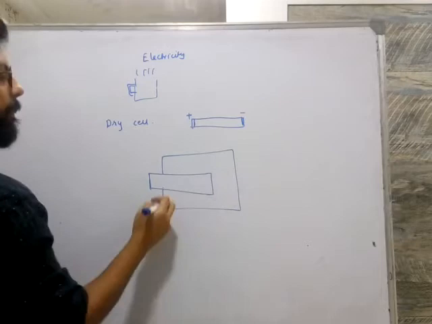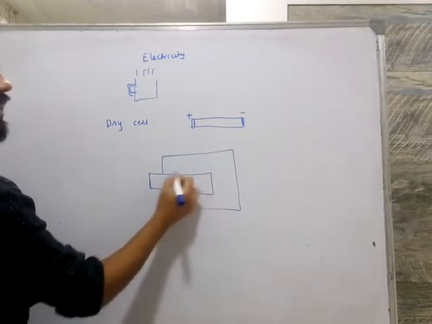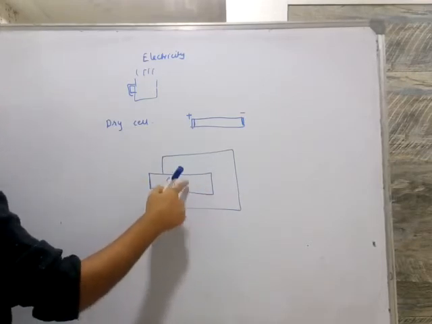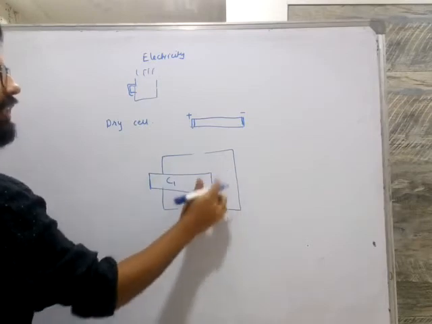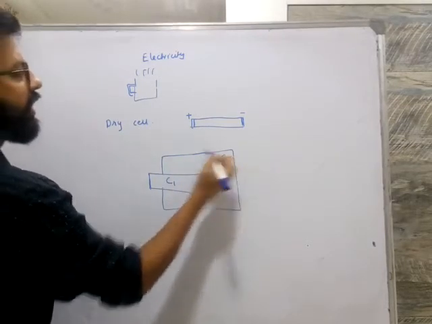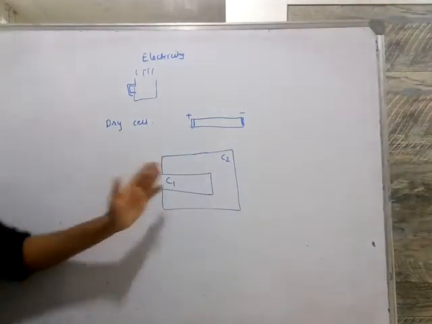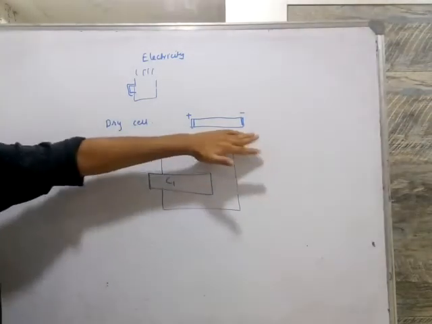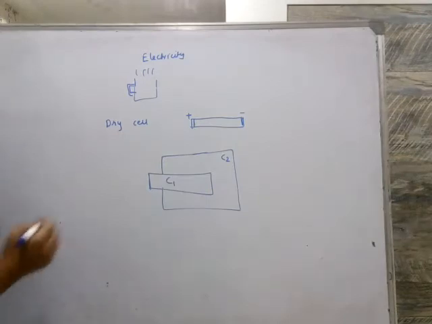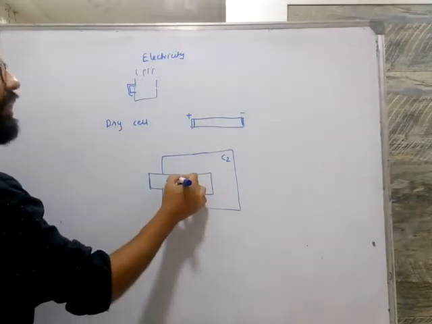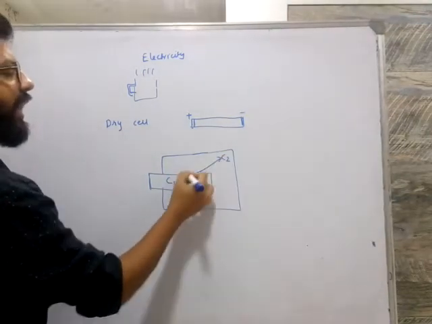In this rod there is one chemical, C1, and in this part there is one more chemical, a powder, which is C2. We don't have to remember the names of the chemicals. This is just to understand why there is a negative and a positive sign here. What happens? There is a chemical reaction between C1 and C2.